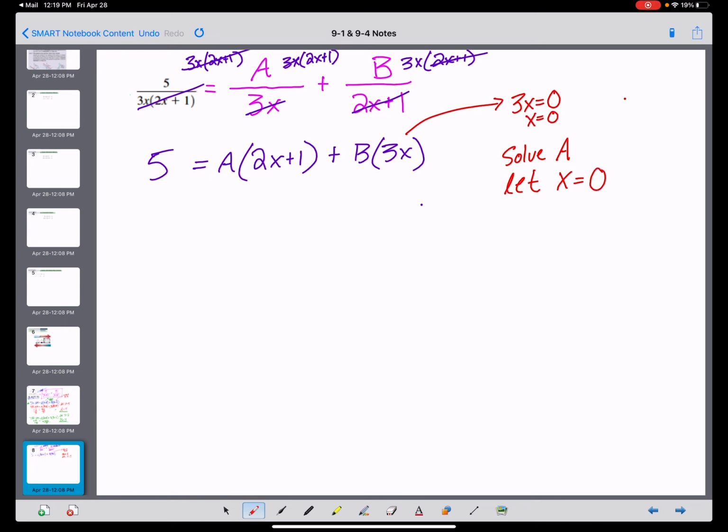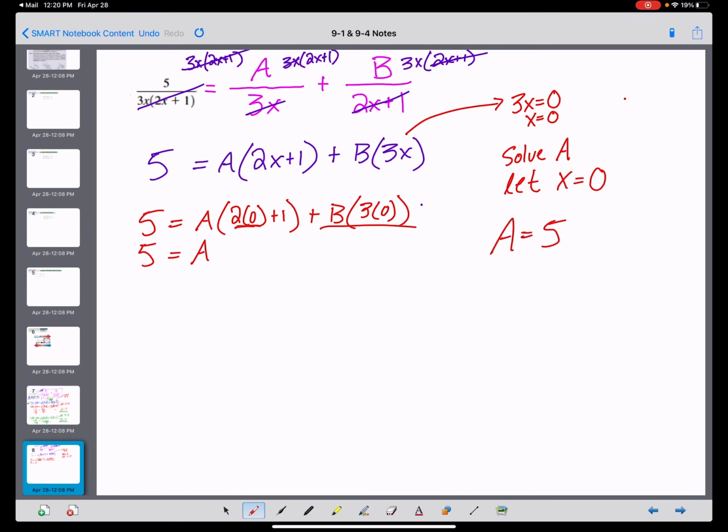So I let x equal 0. I got 5 equals A times 2 times 0 plus 1 plus B times 3 times 0. That's 5 equals A, because 0 plus 1 is 1, times A is A. B just goes away completely. So A equals 5.